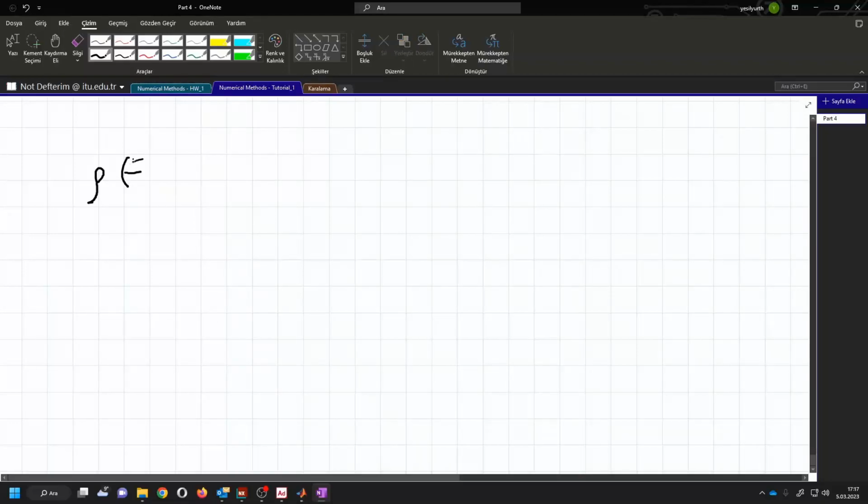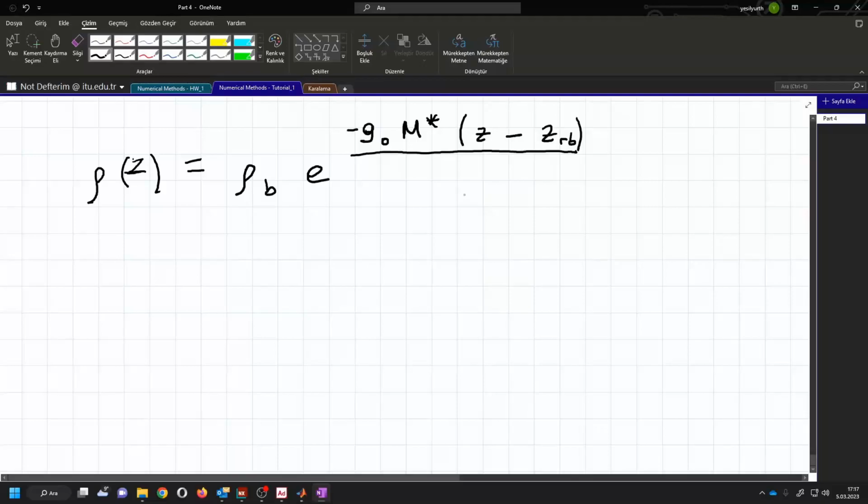Rho of z will be equal to some reference air density value at some reference altitude and temperature, e to the minus g0 times m star times z, current z, minus the reference z, over r star times a reference temperature value.